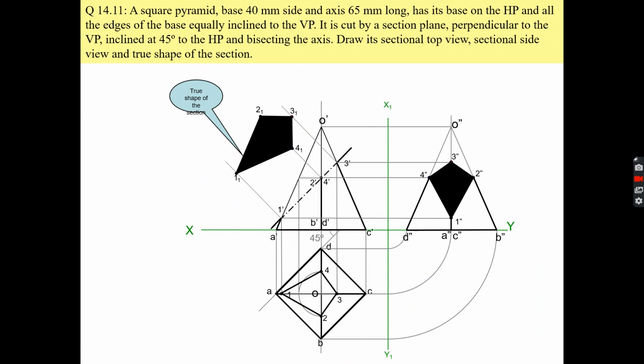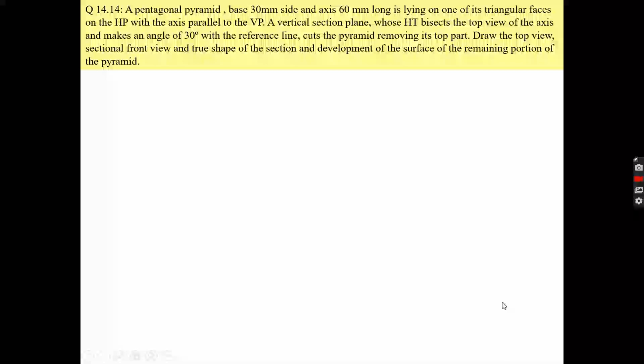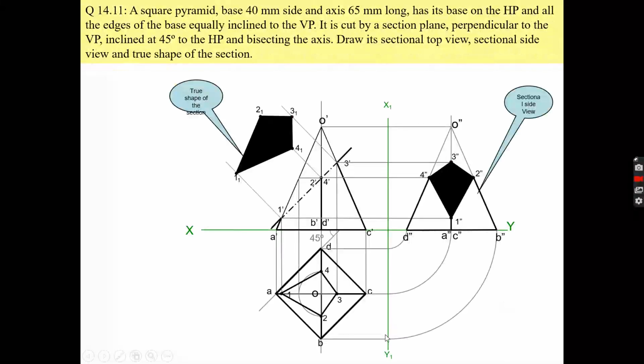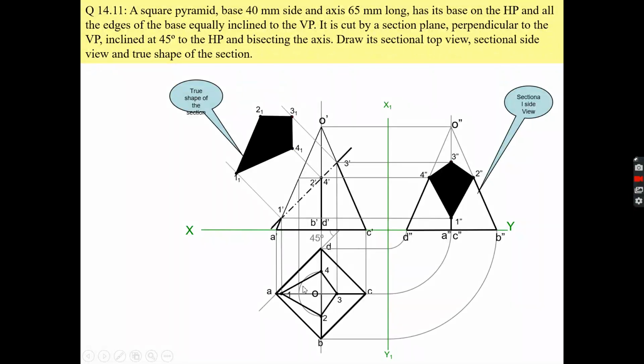You have to make the lines light with the help of a 2H pencil at an angle of 45 degrees with the reference line and 1 mm to 2 mm apart. Okay, and also here it is a section, so you have to hatch that portion also. This portion also you have to hatch.